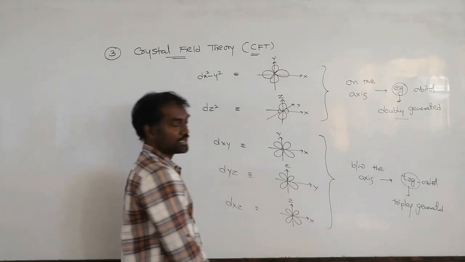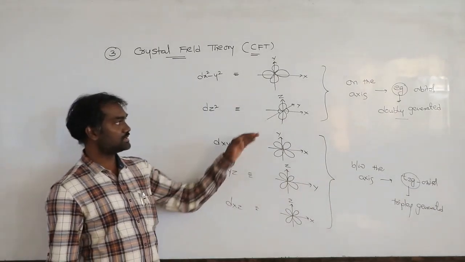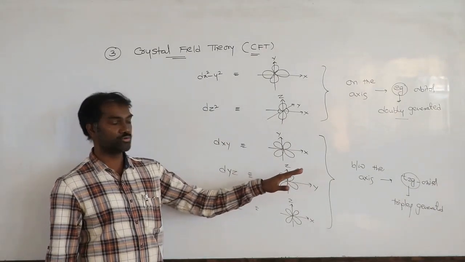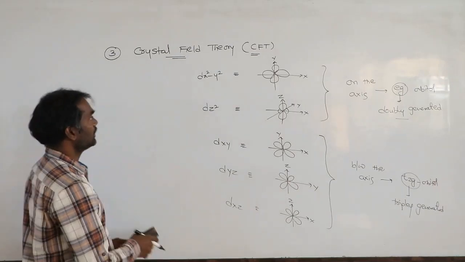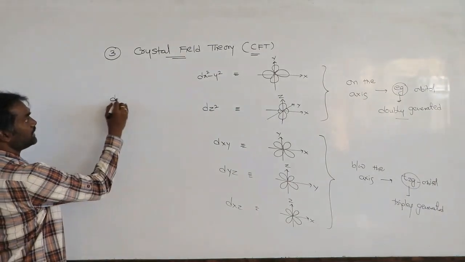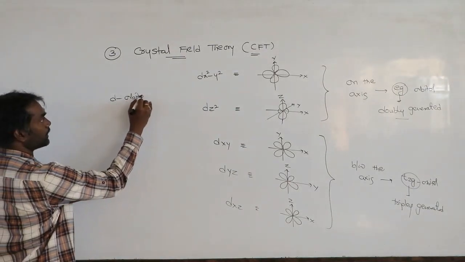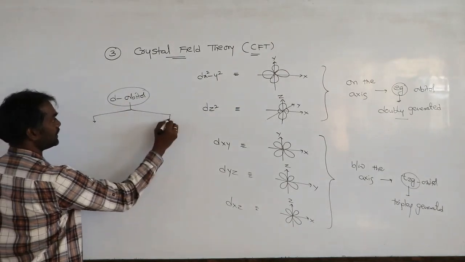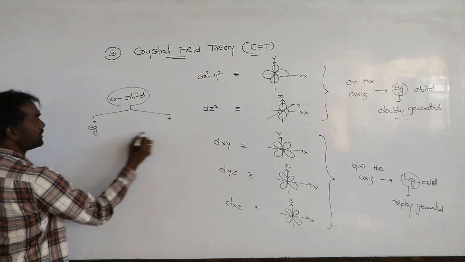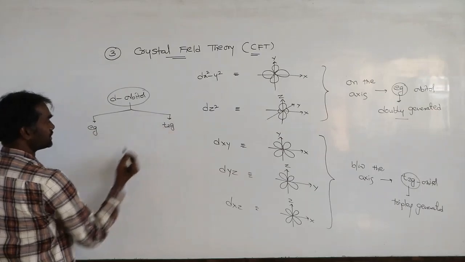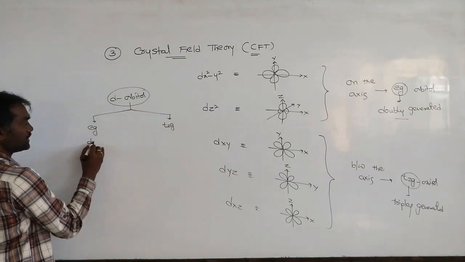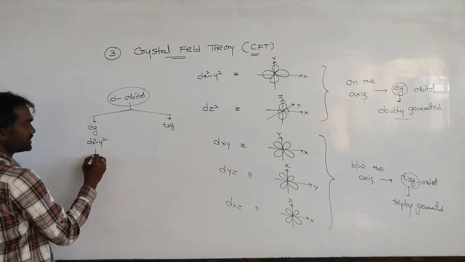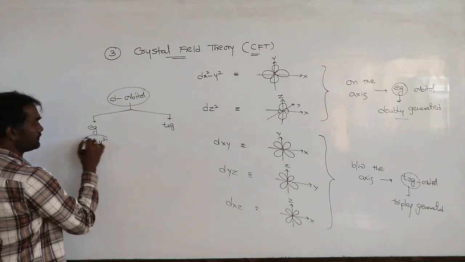So the d orbitals are classified into two types: EG orbitals and T2G orbitals. EG are dx square minus y square and dz square.